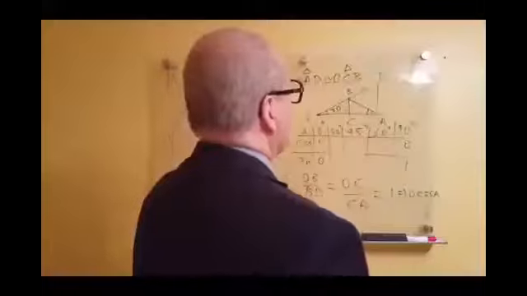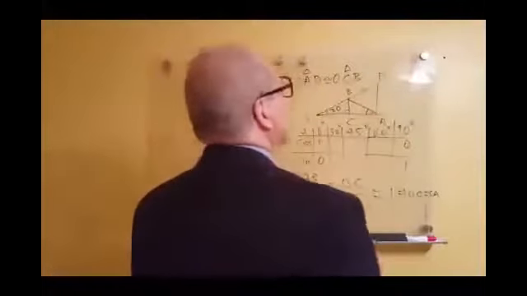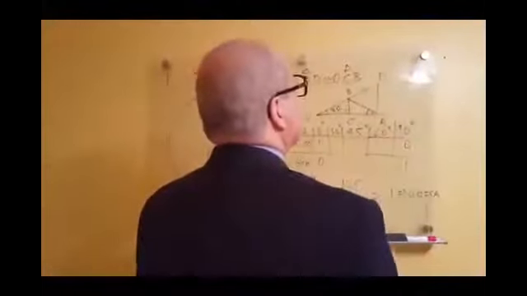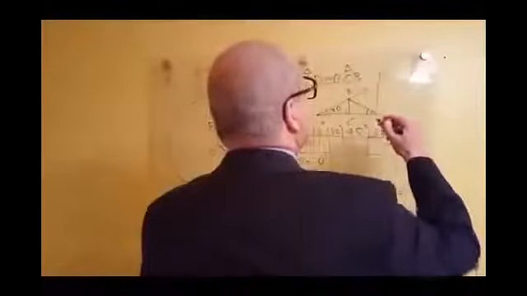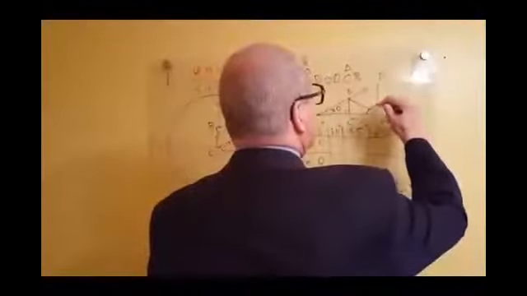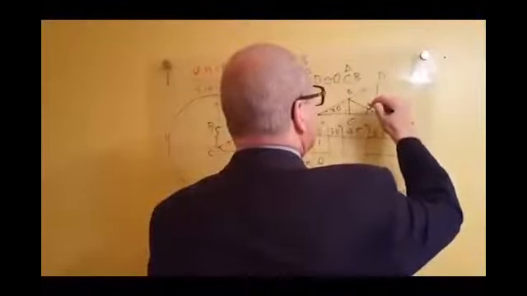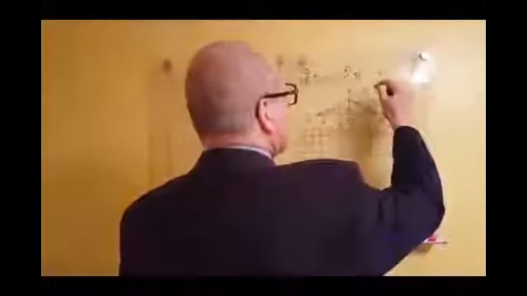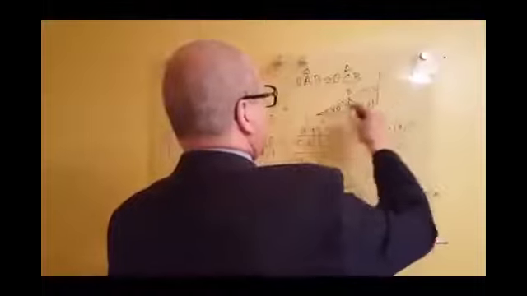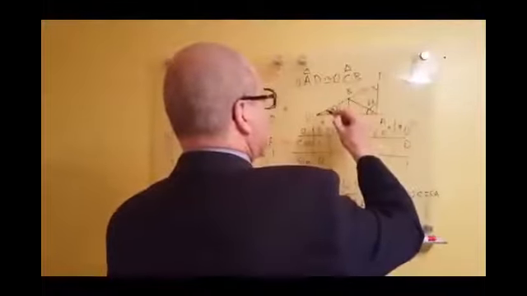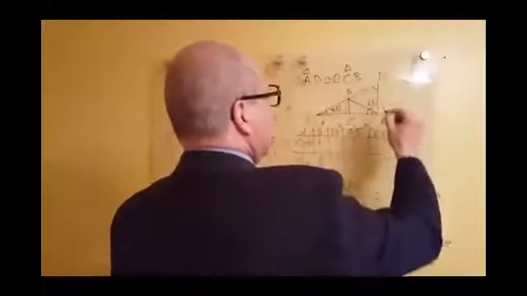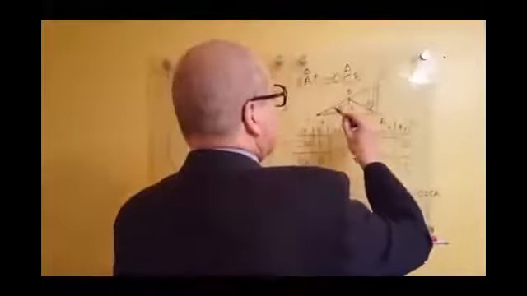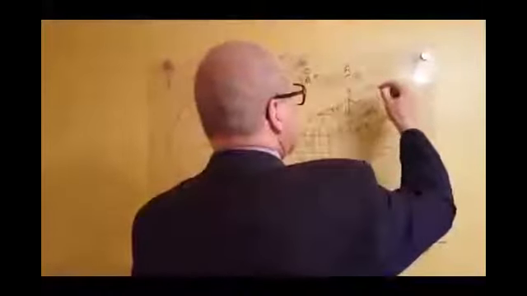And this is 30 as well. So that means that this here is 60, and of course we know that this is 60 because the triangle ODA was a right triangle and this was 30, so that means that this is 60.